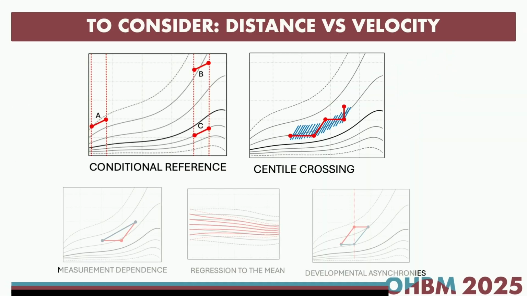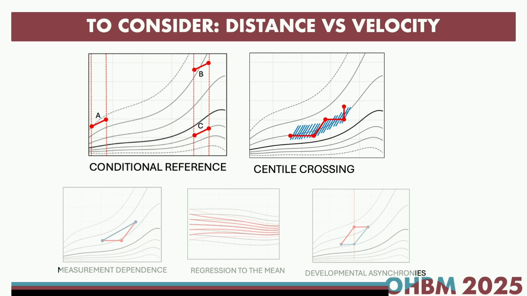So talking about how you derive these velocity centiles, there's a couple of issues associated with that, and I'm not going to talk about all of them, but I wanted to touch on two. The first one is what I call conditional reference, and it's the idea that if you want to calculate velocity centiles, you cannot use the absolute amount of change, for two reasons. The absolute amount of change is actually conditional.